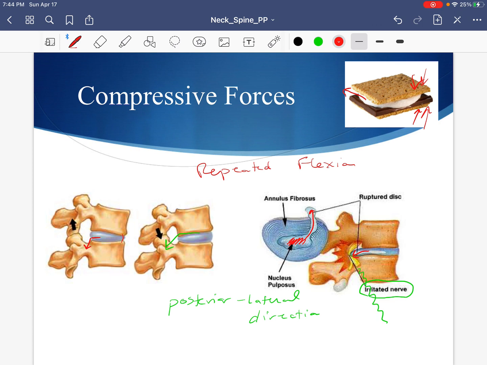What is a lot of the treatment going to involve? The treatment is going to involve a lot of extension. I mean, obviously surgery is an option, but of course we want to avoid that if we can. So a lot of the initial treatment and the mainstay of treatment is going to be trunk extension exercises.